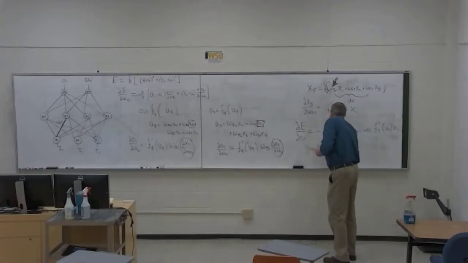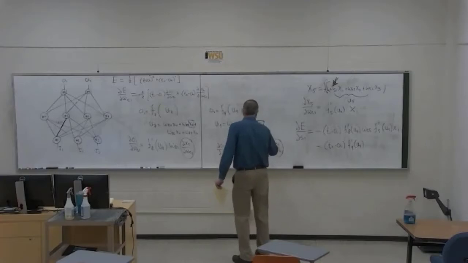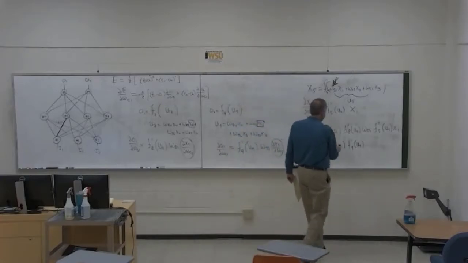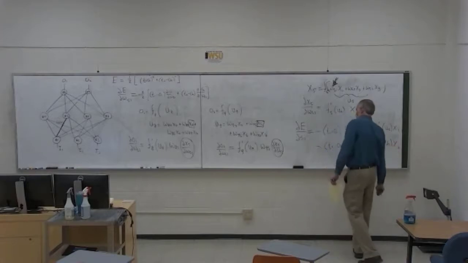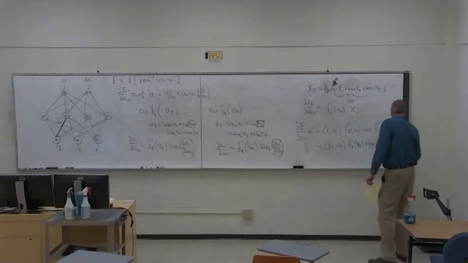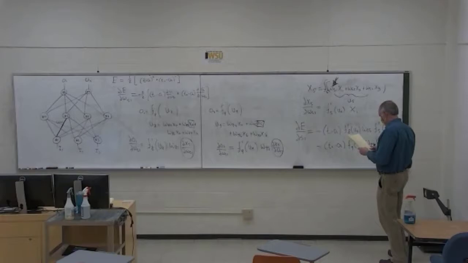Then we have T2 minus O2 with the minus sign, correct? Now we're doing this, F9, W9.5, this thing here. That all looks good.